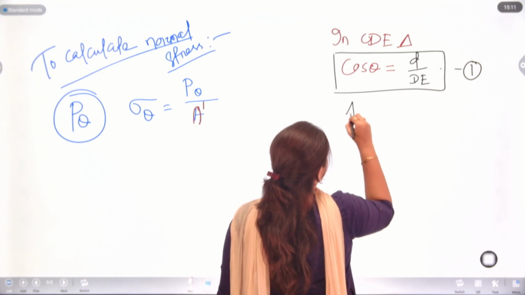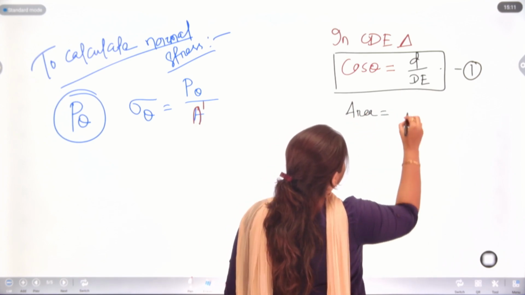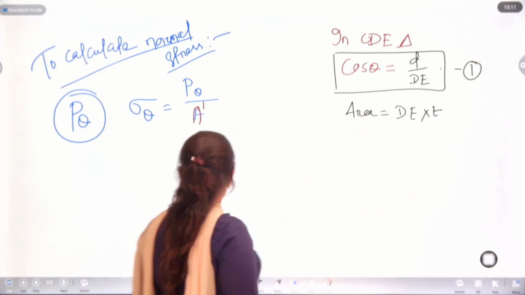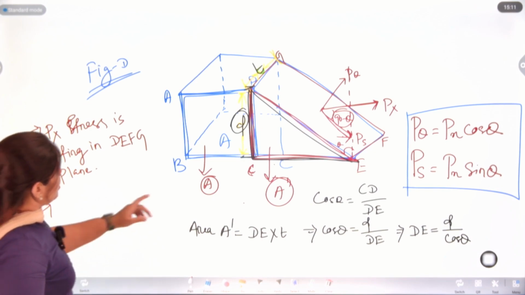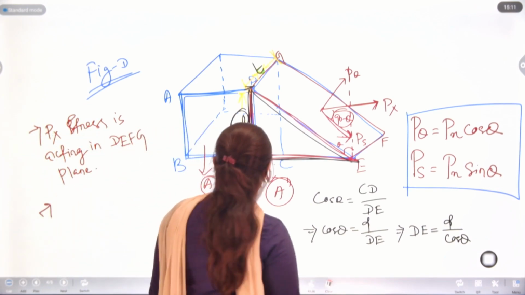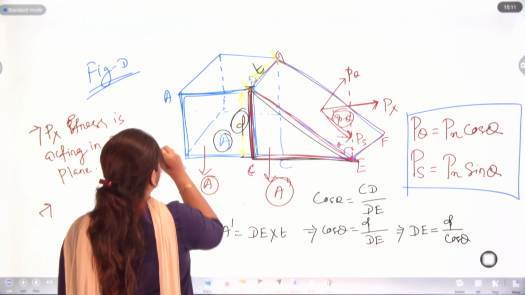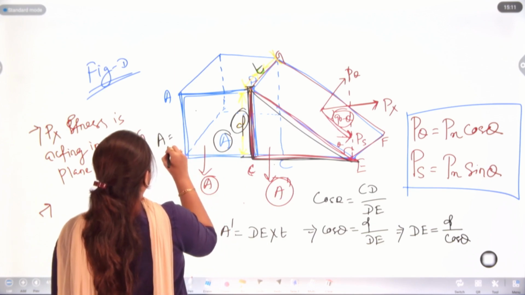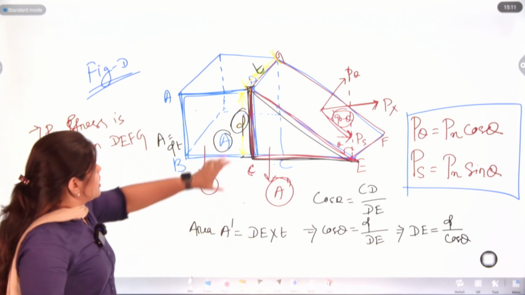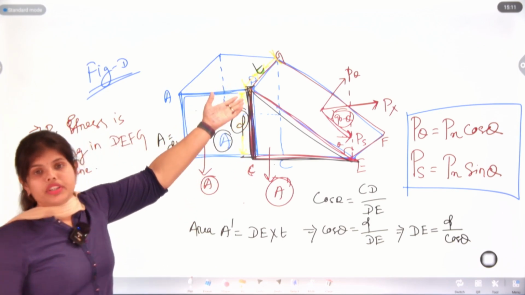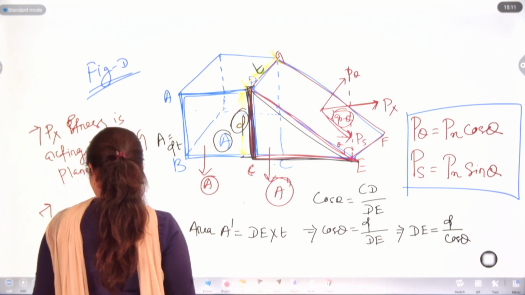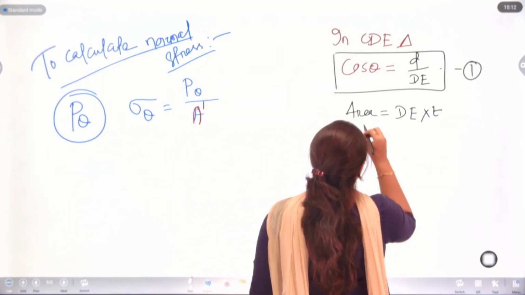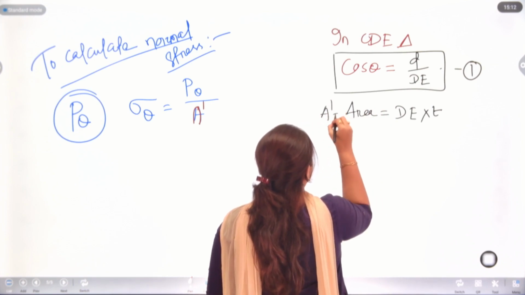In this diagram you can see this area A will be D into T, this dimension multiplied with thickness, and this area is our A dash.